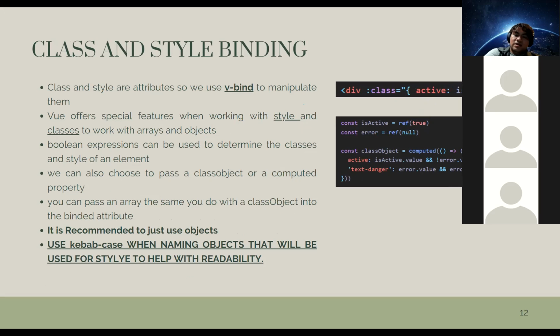So if we notice here, active is equal to whatever isActive is, and isActive is a ref of true, and in the computed, so this is called a lambda function. It's just like an inline function. And so you can learn more about JavaScript to figure this out.